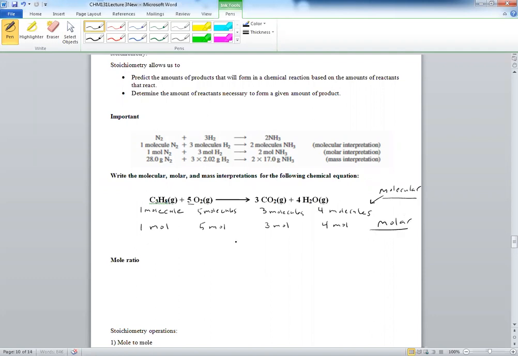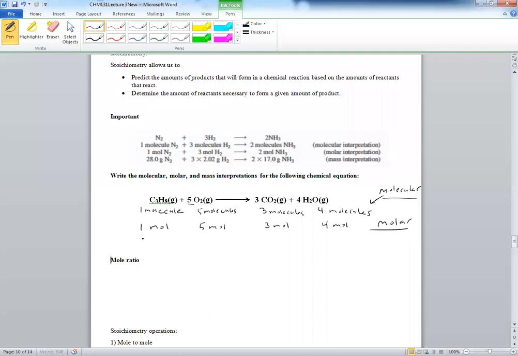And then finally, the mass interpretation. Remember what we have been talking about: this is moles, and it has a mass. Within that mass, you have 6.02 times 10 to the 23rd of that compound, atom or ion or molecule. So in this case, that would be multiplied by its molar mass.